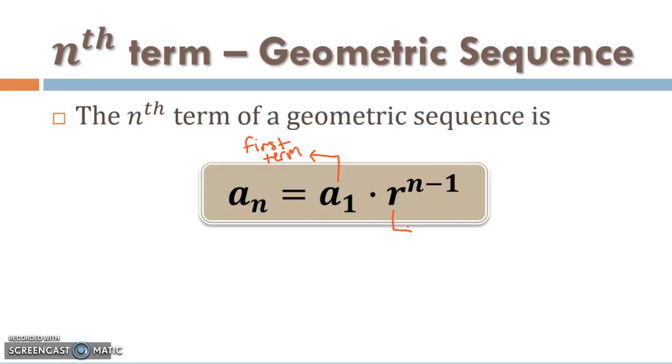The r is the common ratio. And then the n is the number of terms that we're working with. Okay, so keep that in mind as we work on this same problem.